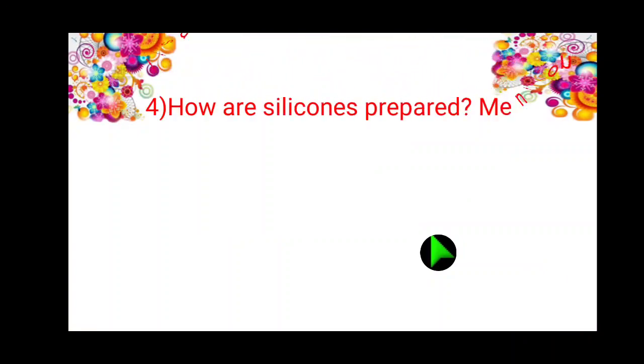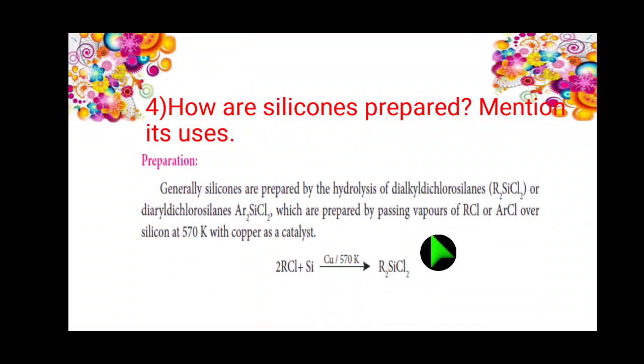Next question about silicone. How are silicones prepared? Mention its uses. Generally, silicones are prepared by hydrolysis of dialkyl dichlorosilane R2SiCl2, right?